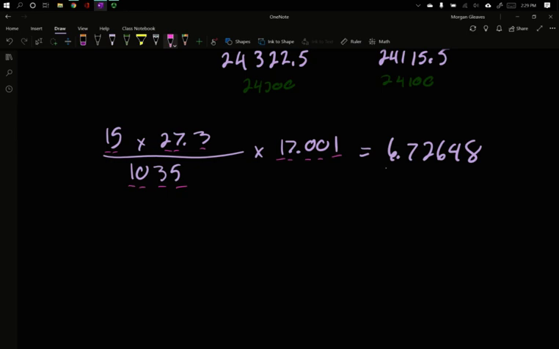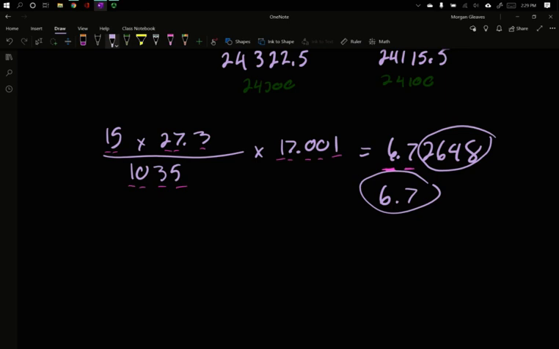So I start from the largest, and I just work down the line, 6 and 7, and that's it. So this value would change to 6.7, and the remainder of this definitely rounded down, so it stays 7. If it had been over halfway, I would have rounded up to 6.8, but a 2 is definitely less than 5. So despite all these larger numbers, because that 15 was so low on sig figs, my final answer is low on sig figs.